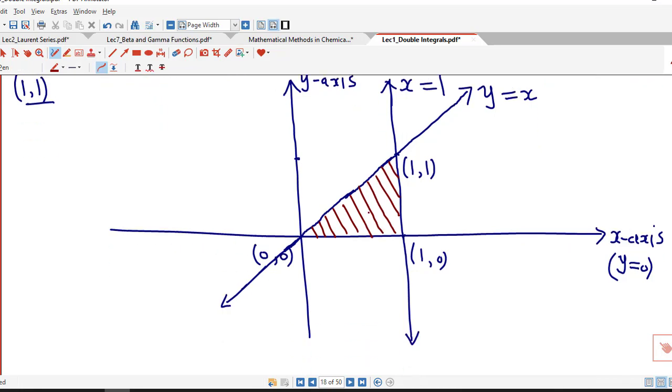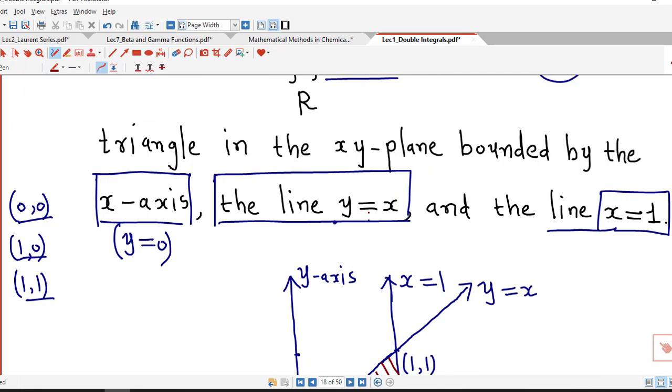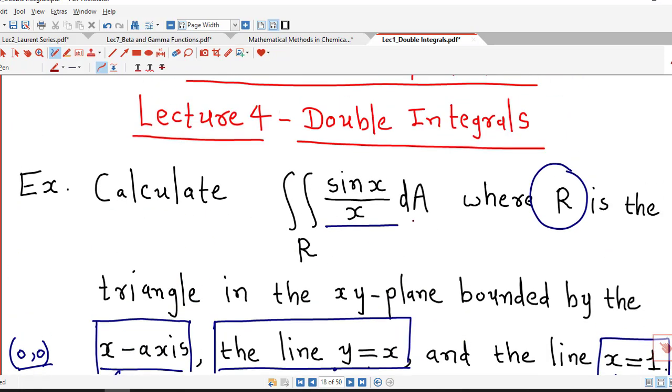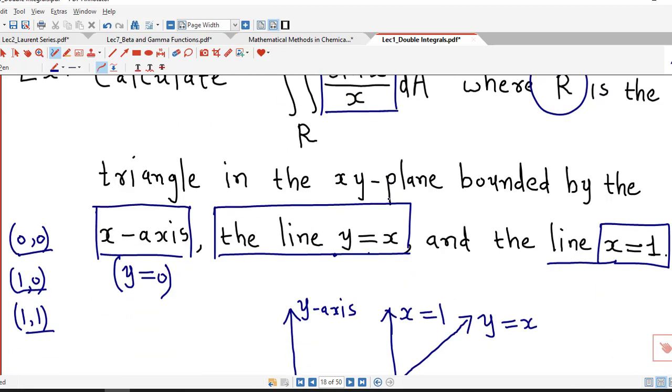Okay, fine. Now we have to decide in which order we will integrate. As we know, either we can integrate first with respect to y or first with respect to x. Suppose we choose the order of integration as first with respect to x and then with respect to y.